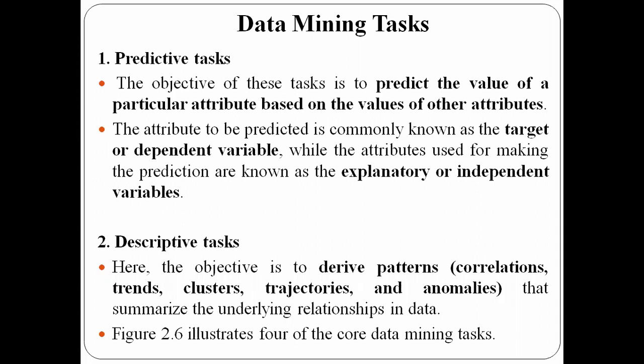In the case of a predictive task, we will be predicting the value of a particular attribute based on the values of other attributes. The attribute which you are predicting is called the target or dependent variable.